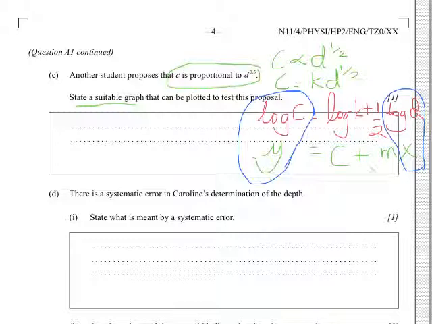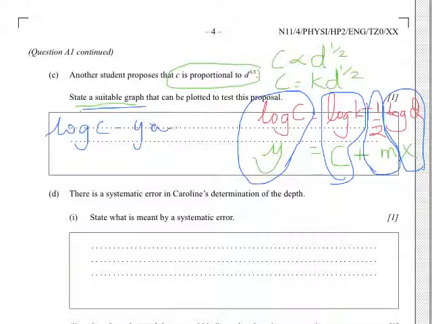Our gradient would be a half, and our intercept would be log k. So let's have a look at the question. State a suitable graph to plot to test this proposal. Well, you would have log c on the y-axis and log d on the x-axis.